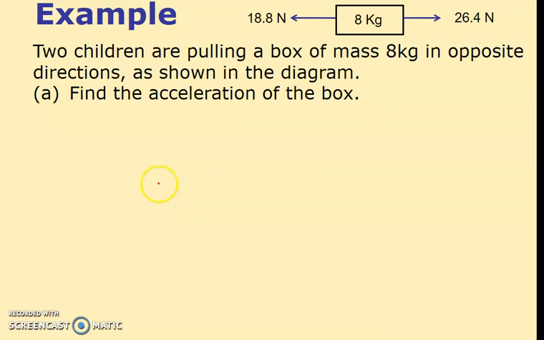Another one, let's just see, we've got two children pulling a box in opposite directions now. Again, we do the same basic trick. Which way is it? It's going to go this way. This guy's pulling more. So if I do F equals MA, what's left over? Well, I'll just write 26.4 minus the 18.8 equals 8A. What's that?